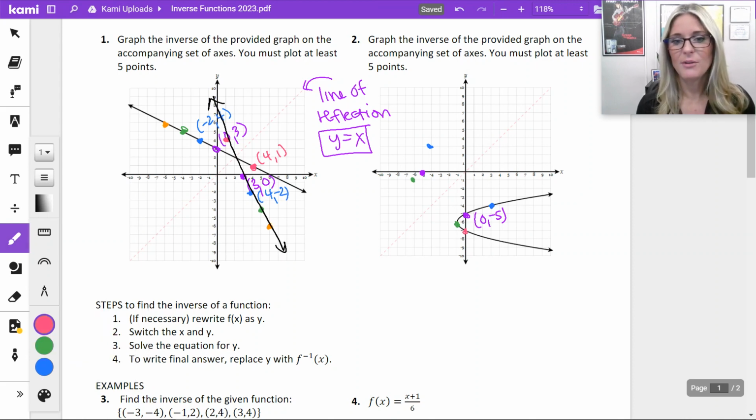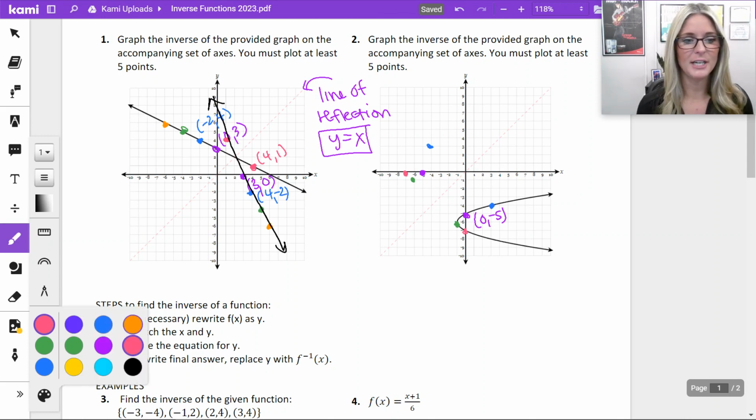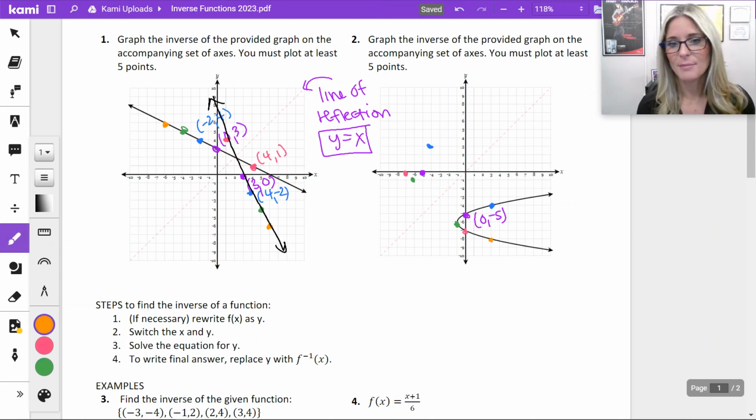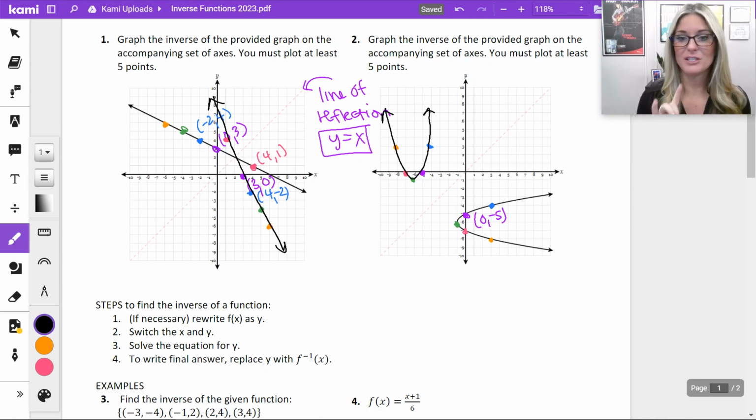We have (0, -7), so (-7, 0), starting to get our shape here. And then I'm going to use (3, -8), so I have (-8, 3) on the inverse. Let me trace that for us. That lovely parabola shape that's been reflected over that line of y equals x, all of those points, we just switch the x and y values there.